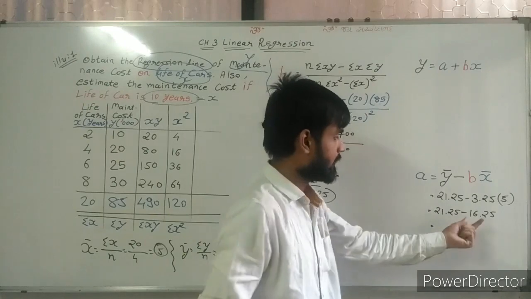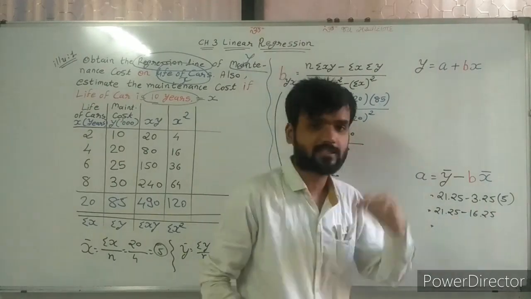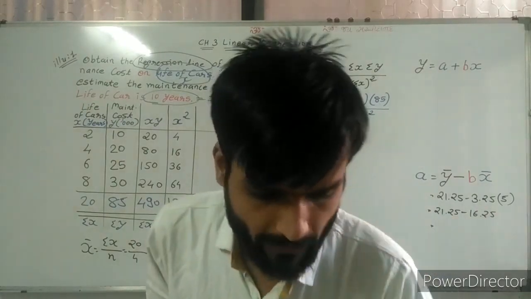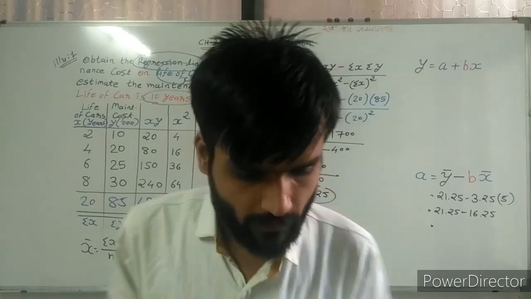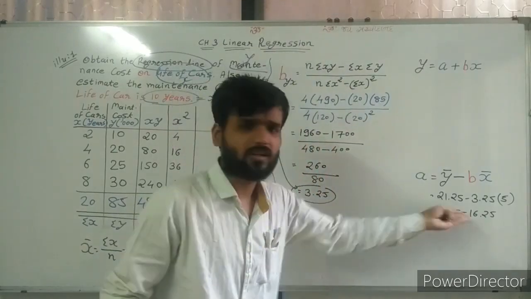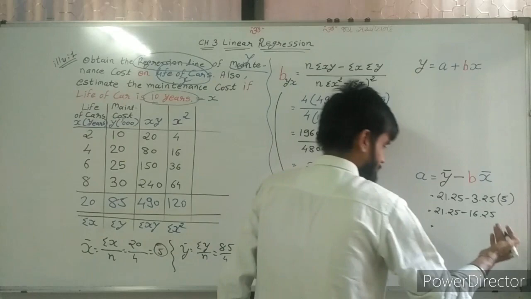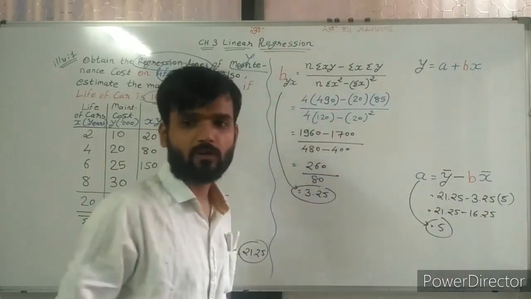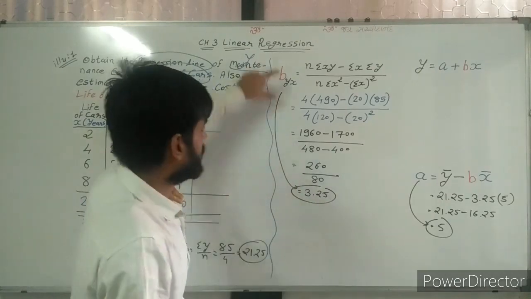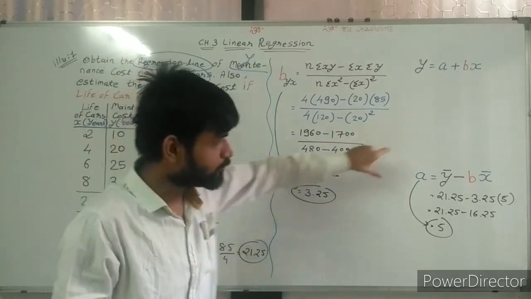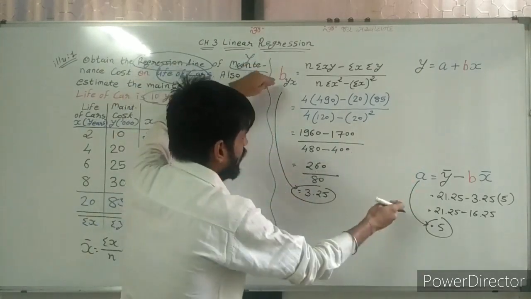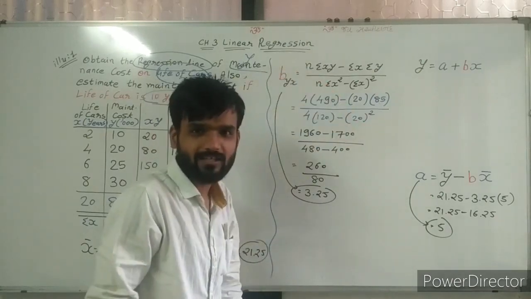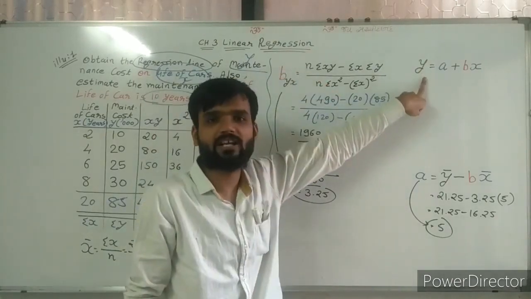Now 21.25 minus 16.25. Make the difference and you will get the simplest one, 5. So sir, a is equal to 5. Now we have two values. First is b, 3.25, then a, 5. Now on the basis of a and b, we can find the regression line.